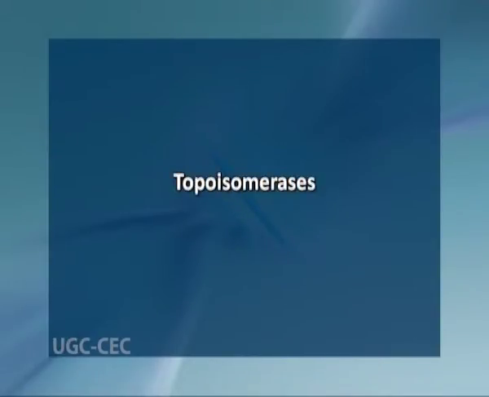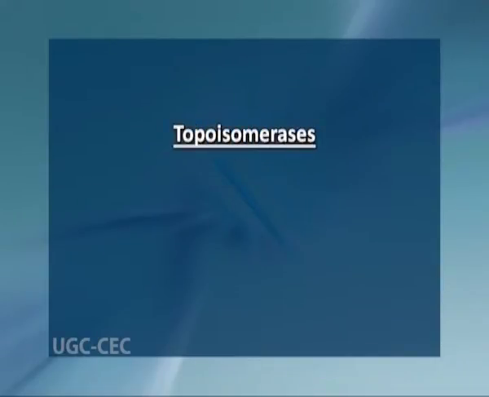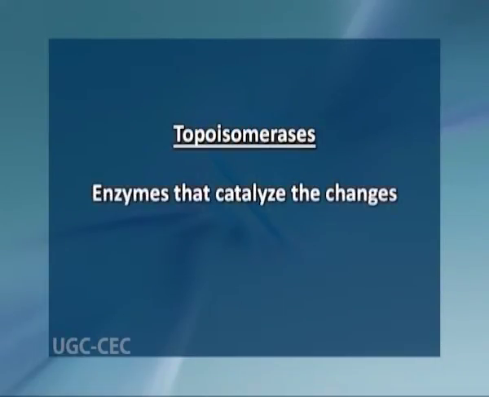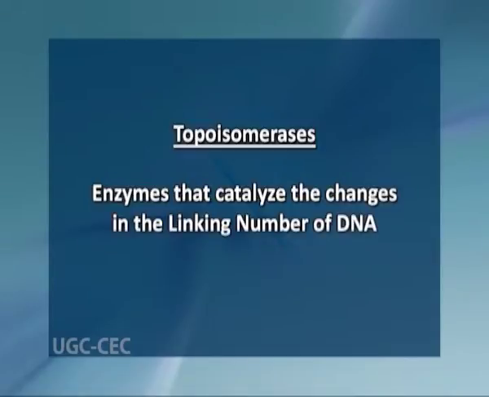Topoisomerases. Topoisomerases are the enzymes that catalyze the changes in the linking number of DNA. DNA supercoiling is a precisely regulated process that influences many aspects of DNA metabolism. Every cell has enzymes with the sole function of unwinding and or relaxing DNA.